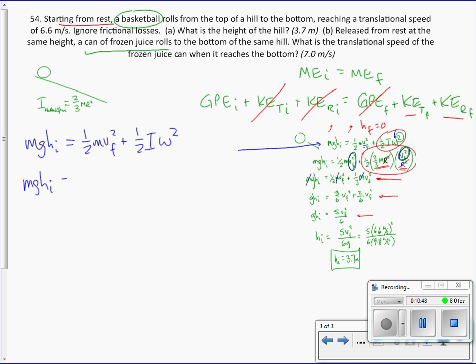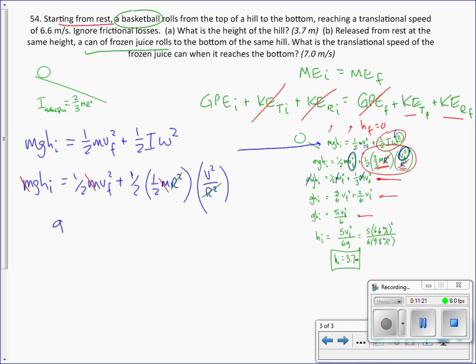The difference now is that our I turns into 1/2 mr squared, and our omega squared is still that. Our r's still go away. We can still take a factor of m out of everything.